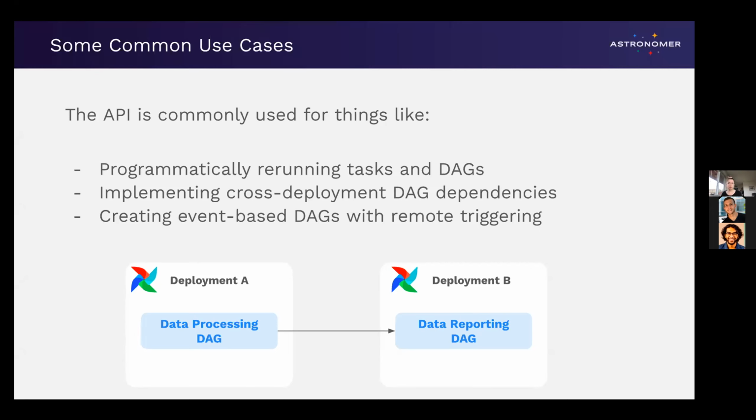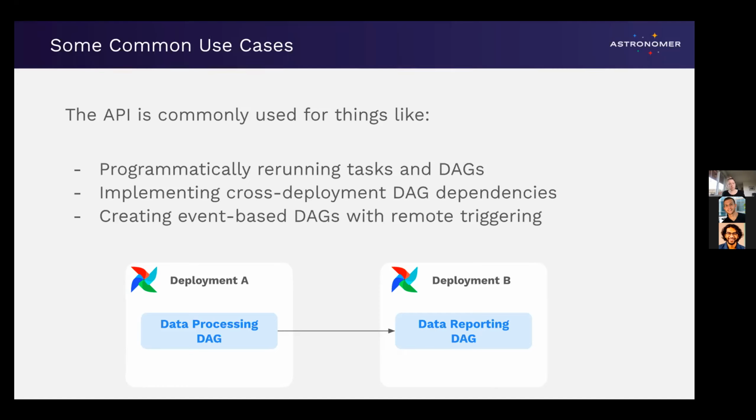Usually that's because of organizational structures and access control, or sometimes because of conflicting Python requirements or things like that. So you have DAGs in two separate Airflows and you need to implement a dependency between them. The API is the only way to do that. So we will show that. It actually works quite well.